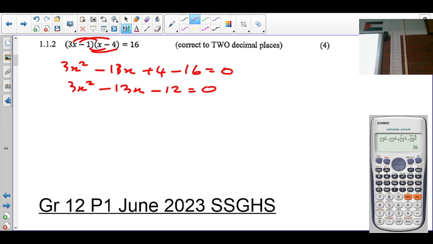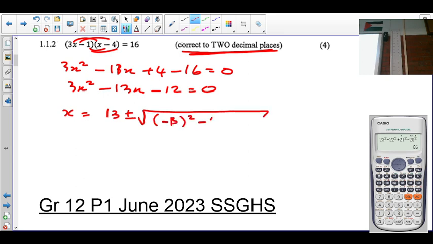So as you can see here people, this won't factorize. So we must use the quadratic formula. Something to note here, when you see that in the question 1, we know we must use the quadratic formula. Okay? So let's substitute it into the quadratic formula as minus b plus minus the square root of b squared minus 4ac over 2a.